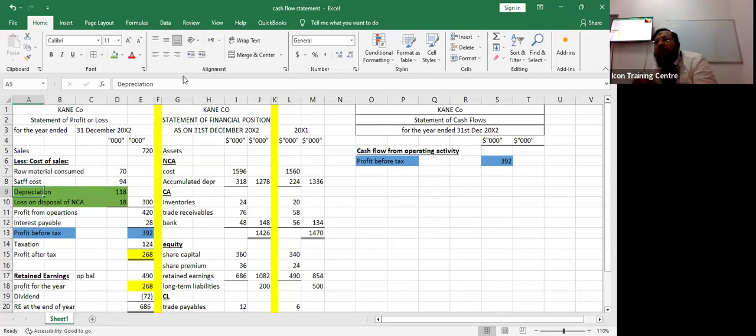Did we pay depreciation to someone? If there is a loss, do we need to pay something? No. So we do not make any kind of cash payment, but we subtract it from the income statement. So what you need to do is put it in reverse, add back.